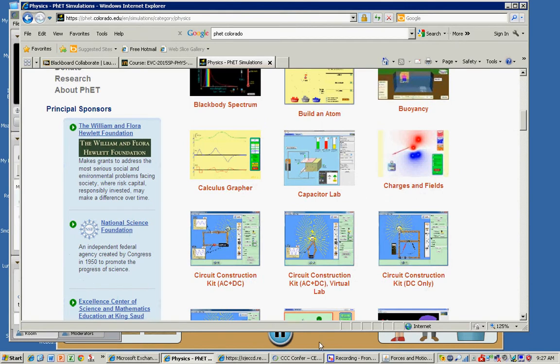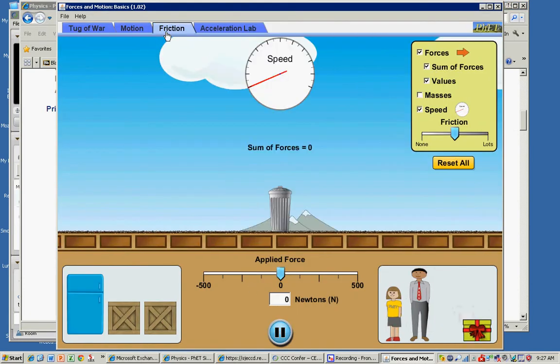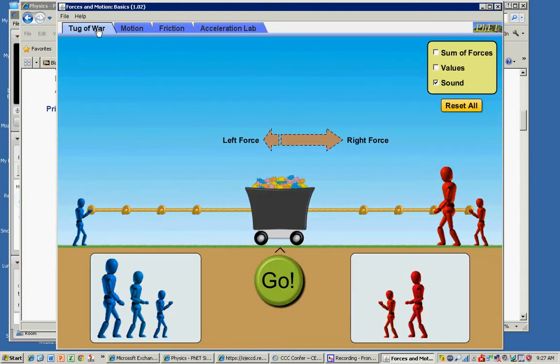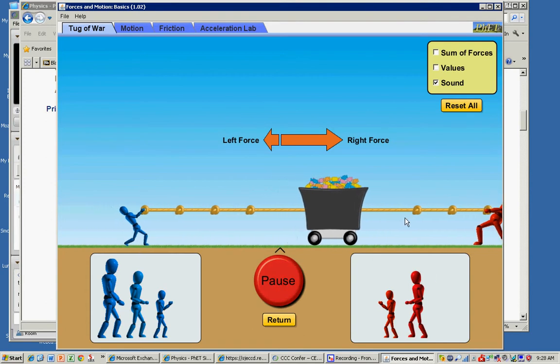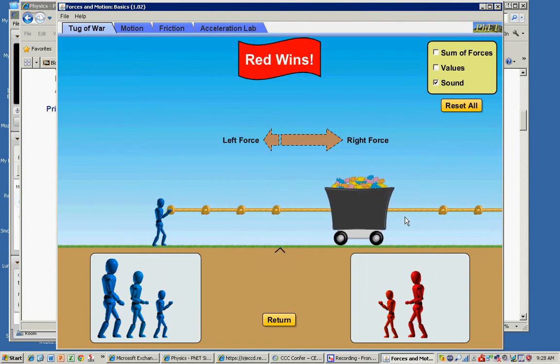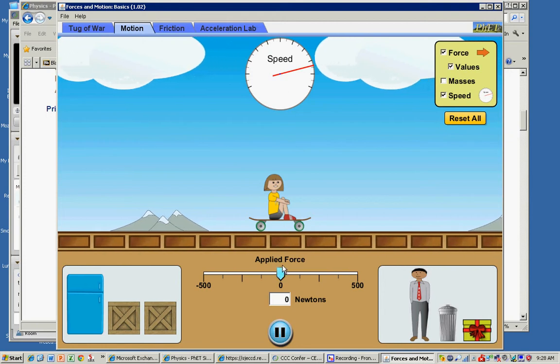But basically, you go to PhET Colorado, find the simulation and play with it. Play with friction, tug of war. That's the simplest one. So it kind of explains to you what the net force is, right?